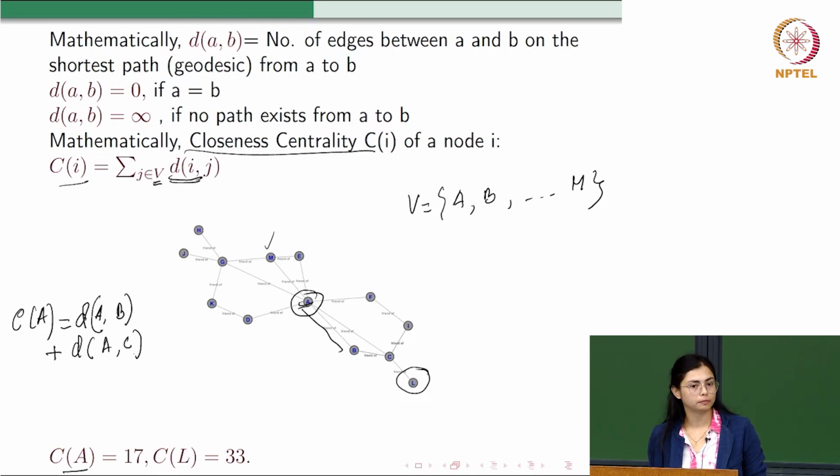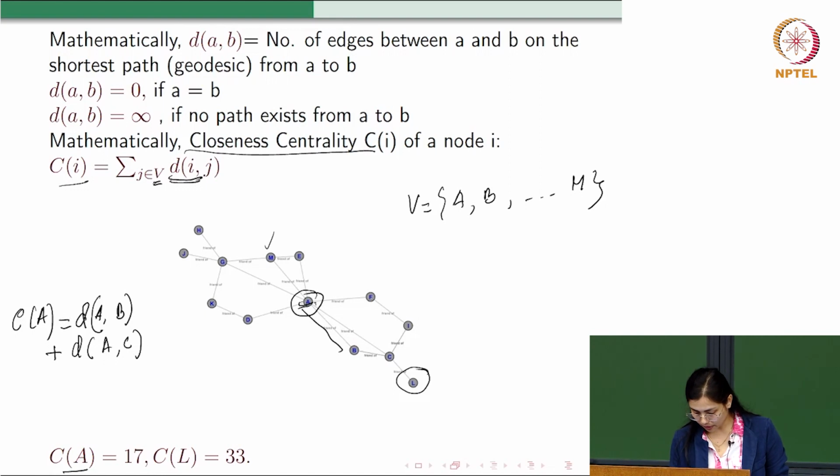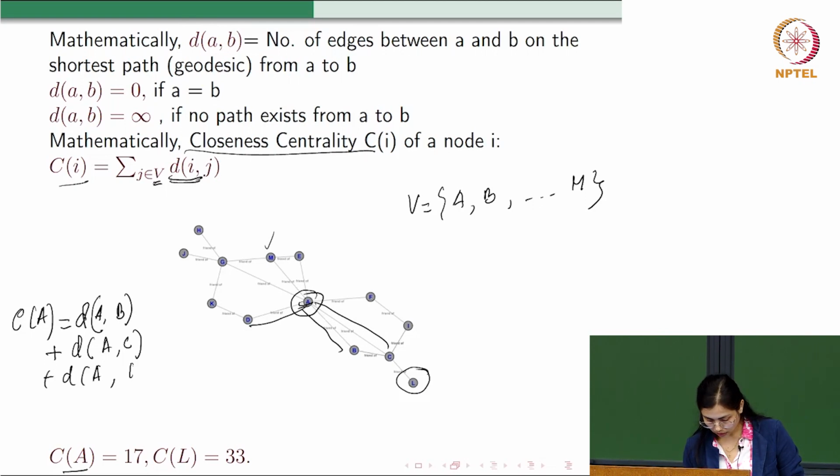Again 1. This is correct. Then A to D, again it's 1. Then E, 1. This is how you have to calculate. So can you verify it? Is it 17 or not?